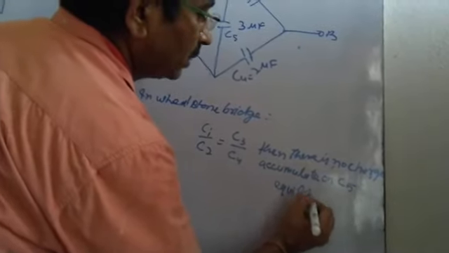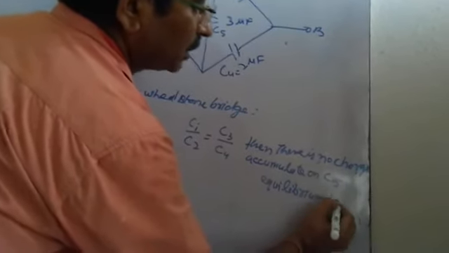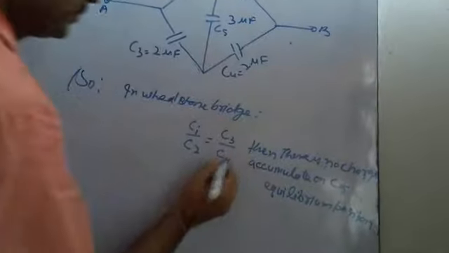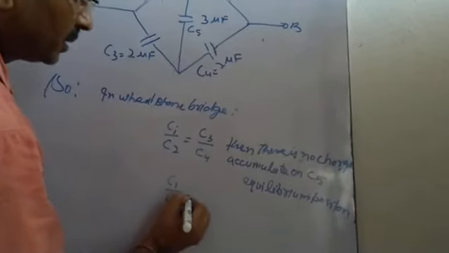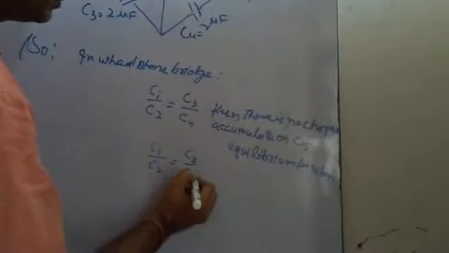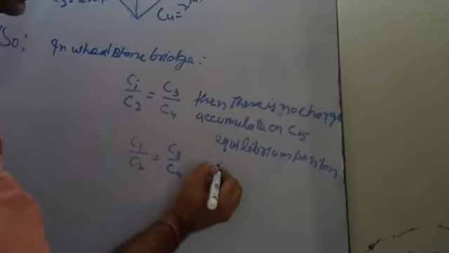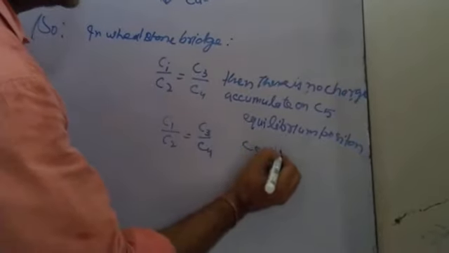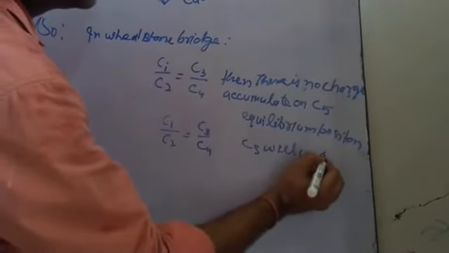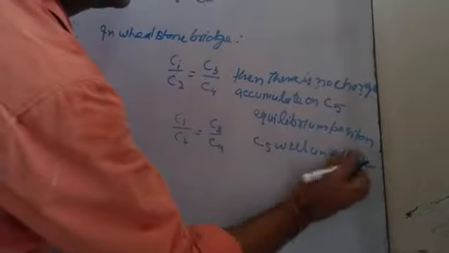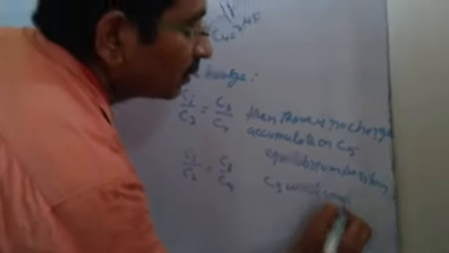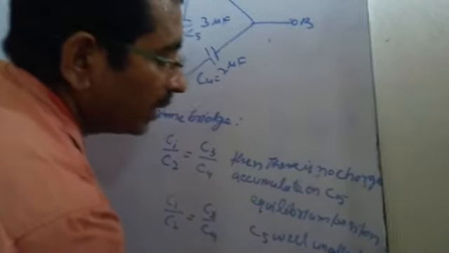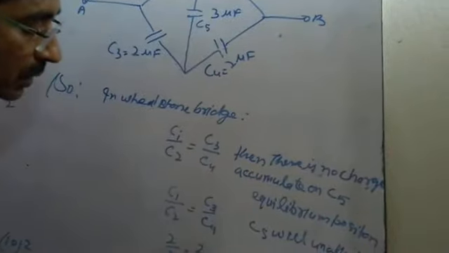This is the equilibrium position. C5, means C1 plus C2, C3 by C4, C5 will be unaffected. Therefore 2 by 2 equal to 2 by 2 ratio.